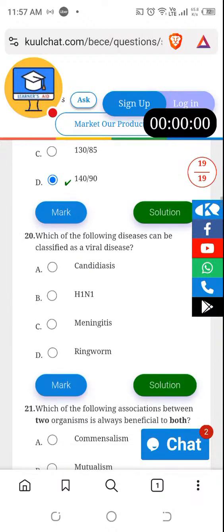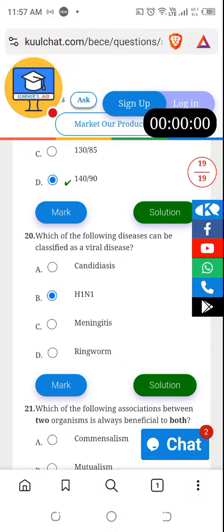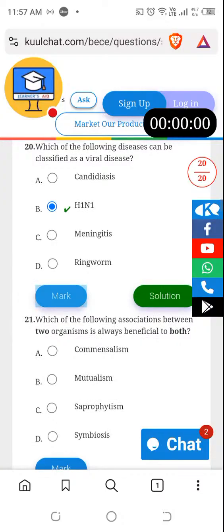Which of the following diseases can be classified as a viral disease? Candidiasis. A viral disease is mostly caused by viruses. So diseases that are caused by viruses are known as viral diseases. Which of these can be classified as a viral disease? I'll go for H1N1. Let's mark it and see.